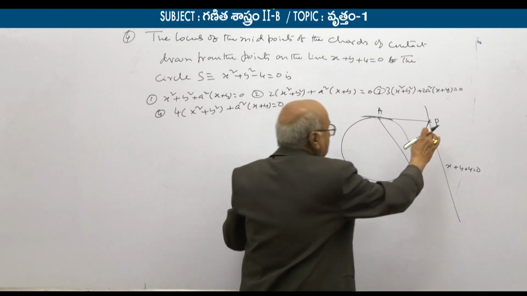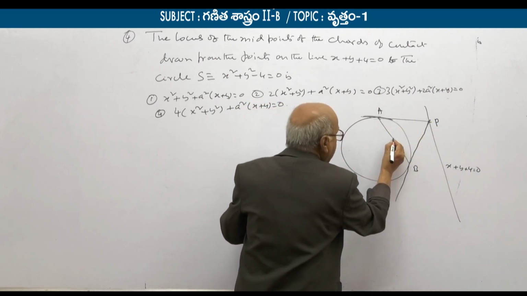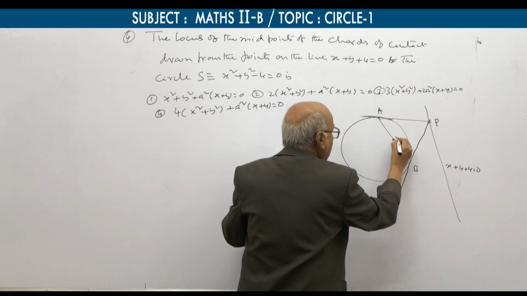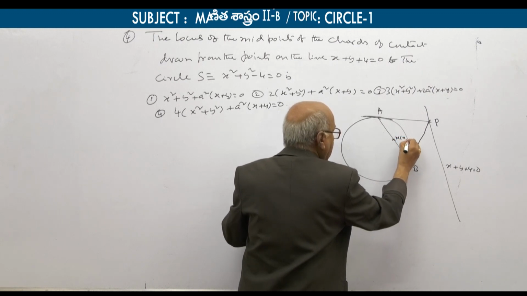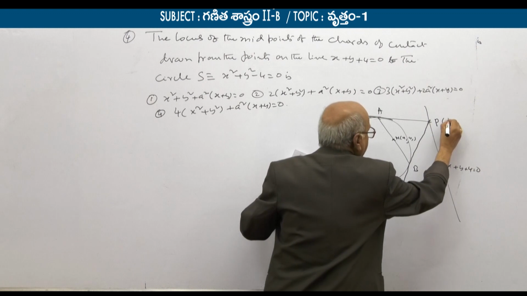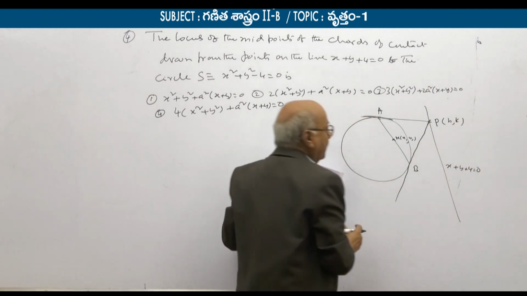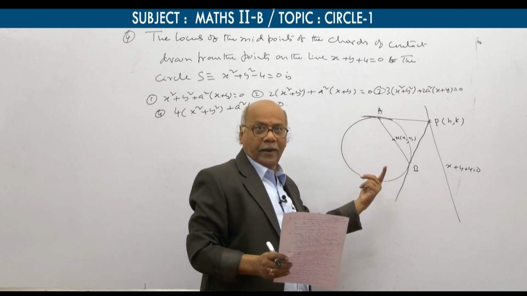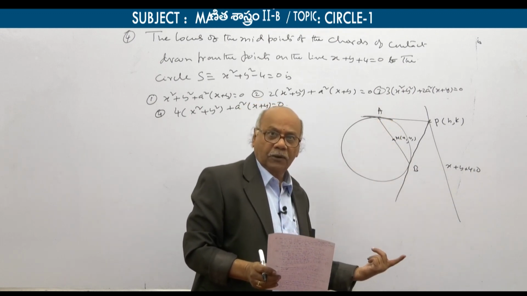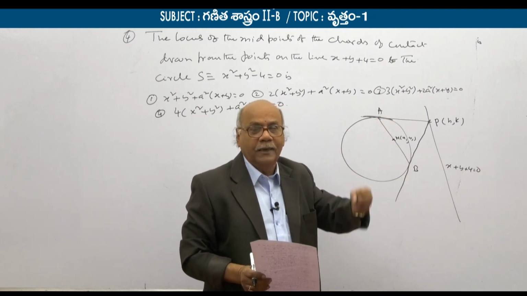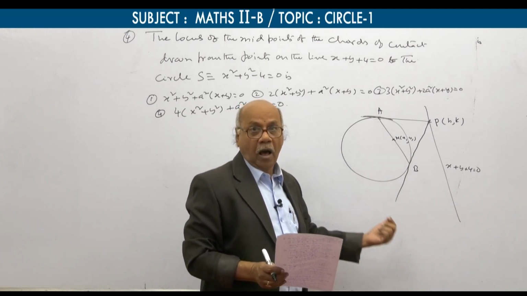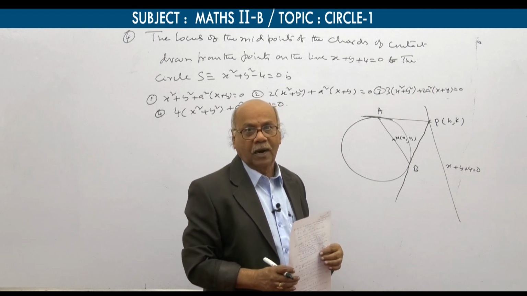Now, he is asking the locus of the midpoint of these chords of contact. That means, if P varies on the line, the chord of contact varies, so the midpoint varies. So, we want to find the equation which is satisfied by all these midpoints of the chords of contact.